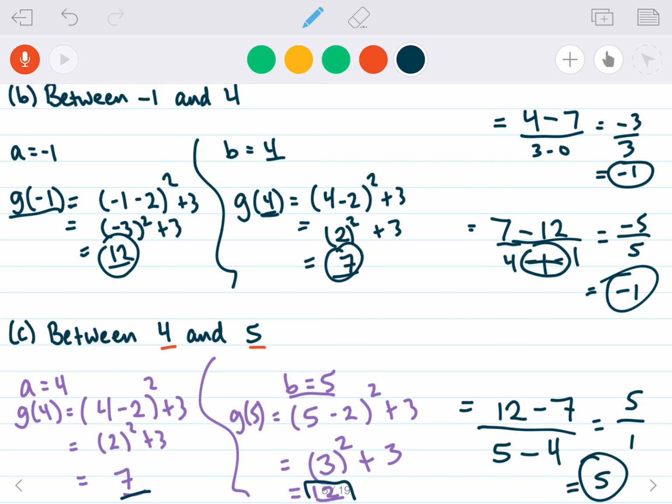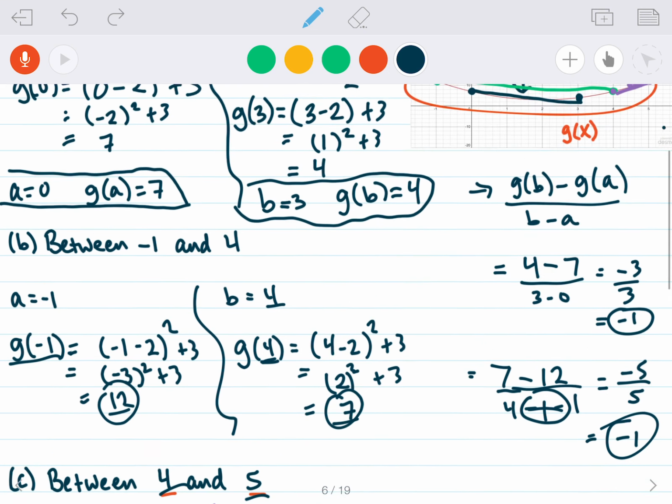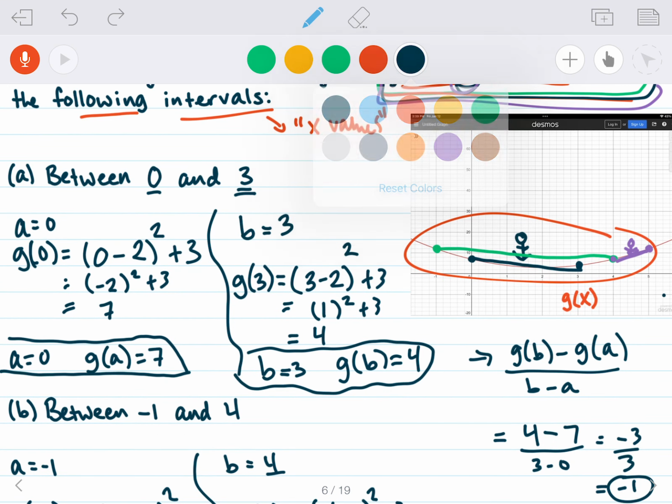So my rate of change from 4 to 5 is going to be 5. And again, we do expect this to be positive because the steepness is moving in a positive direction. We're traveling up a mountain, whereas this guy we're traveling down for the green and the black segment.